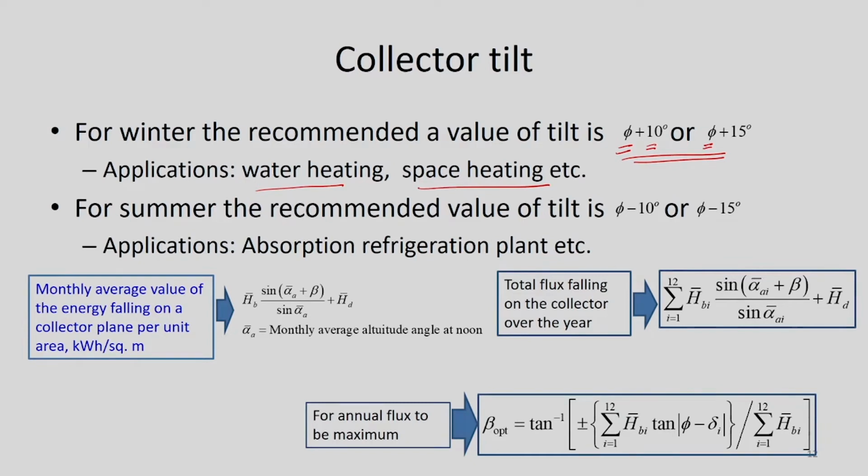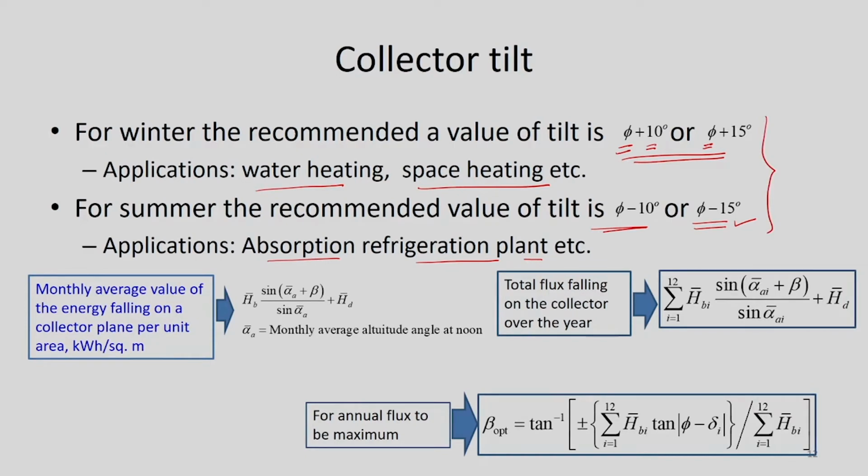For summer months, the tilt angle can be phi minus 10 or phi minus 15. The summer application is the absorption refrigeration plant. Once you know the latitude, you can calculate the beta value.